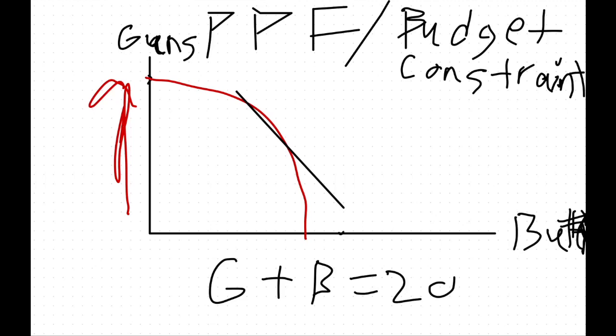Mm-hmm. Okay, so for example, if the slope is 2, then that means that you are getting 2 guns for every butter that you give up at this point.